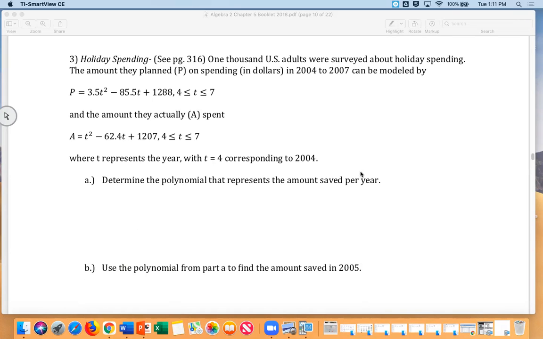And the amount they actually spent was T squared minus 62.4 T plus 1207. Now, 4 to 7 corresponds to the years from 2004 to 2007. And it says determine the polynomial that represents the amount saved per year.